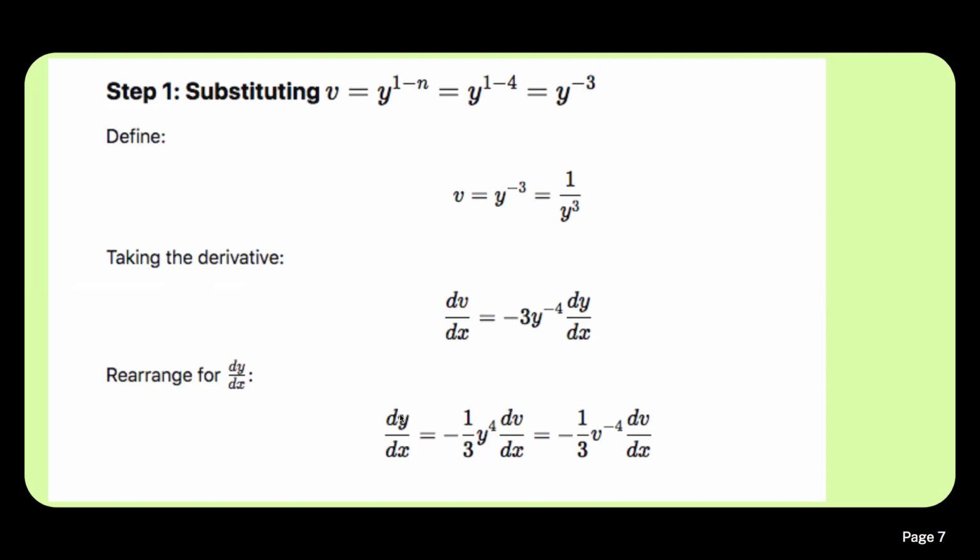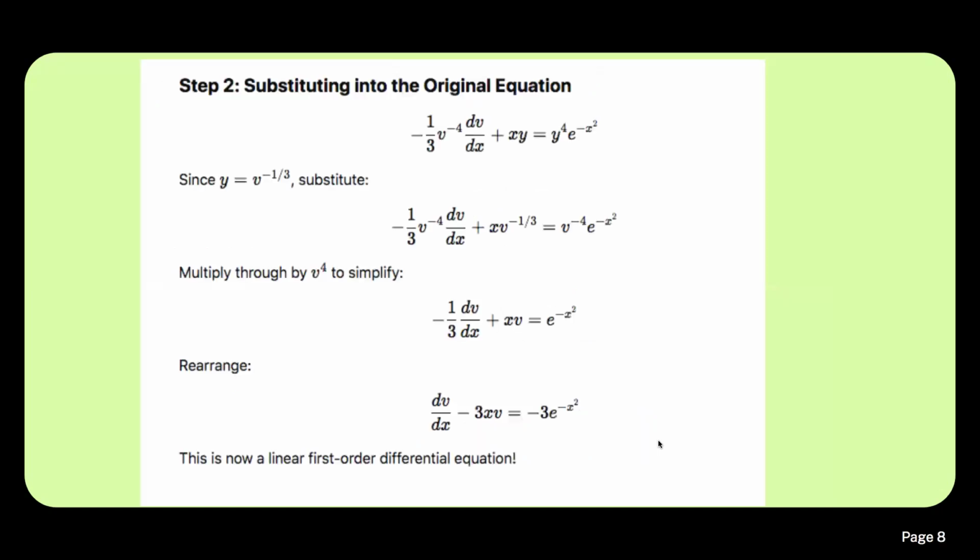Then we rewrite the original dy/dx in the form of dv/dx. We substitute y equals v to the power of minus 1/3 into the original form and simplify, and we arrive at a linear first-order differential equation: dv/dx minus 3xv equals minus 3e^(-x^2).